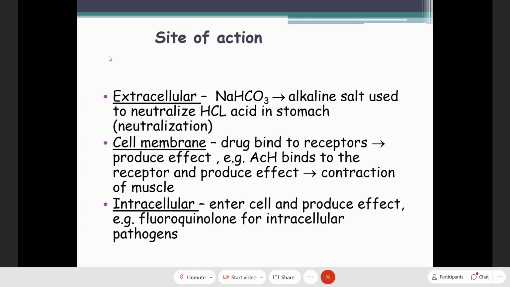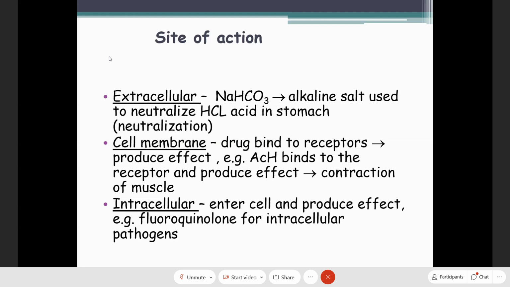An example of extracellular is an alkaline salt used to neutralize hydrochloric acid in the stomach, like in a patient having excessive gastric juice secretion. So the alkaline salt is used to neutralize the HCl acid in the stomach, and this process is referred to as neutralization, which happens extracellular, outside the cell.